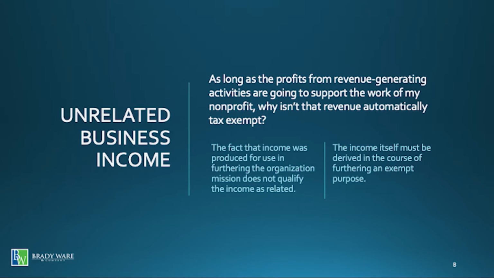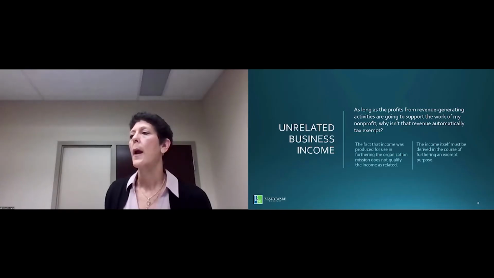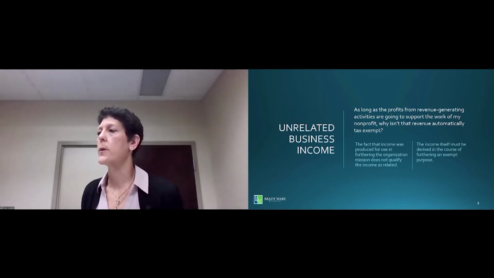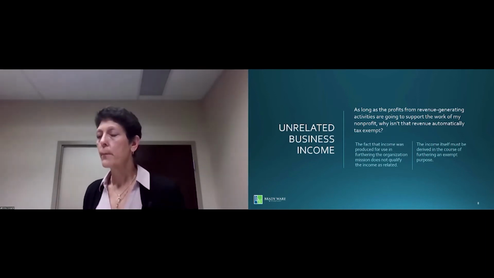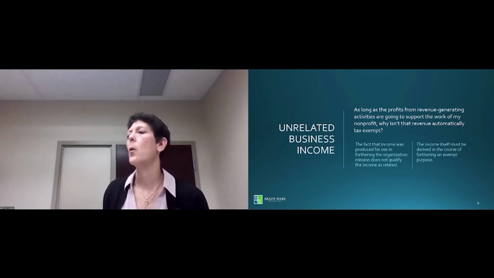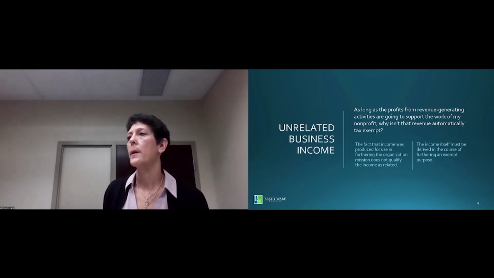Well, the IRS has stated that it's not what you use the funds for, it's how the income is generated. So to be exempt from UBIT, the income itself must be derived in a course that furthers an exempt purpose.